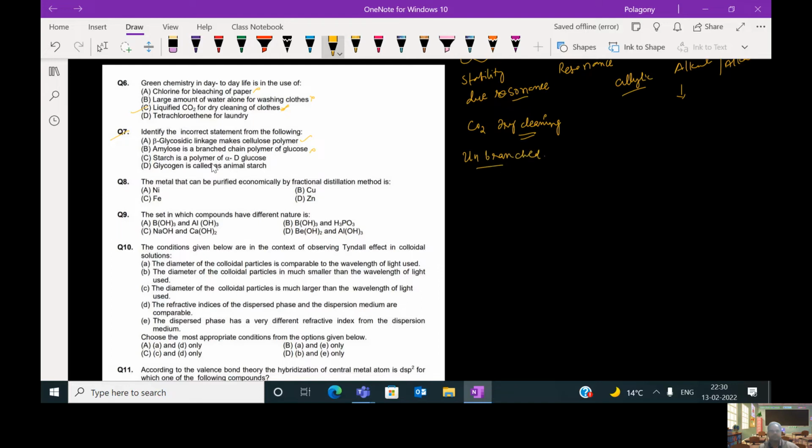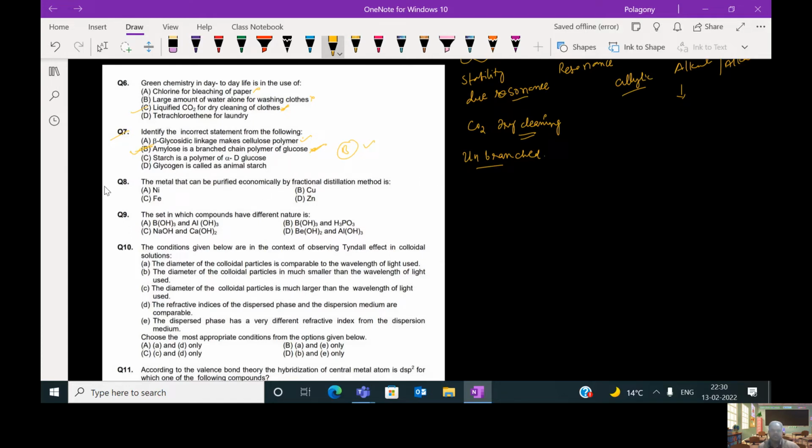And starch is a polymer of alpha D glucose, right? Glycogen is animal starch. So B is the most appropriate one. That means the incorrect statement, B is the right answer.